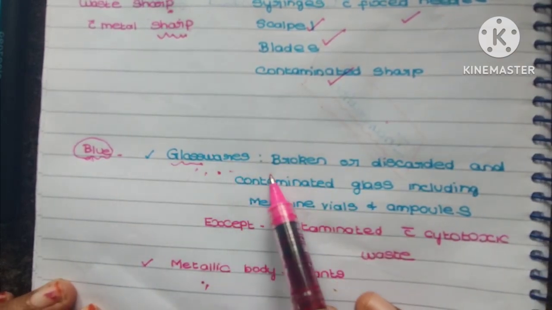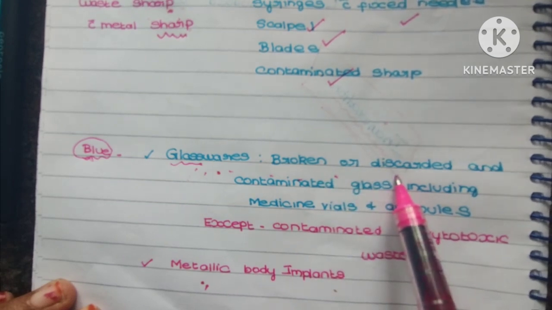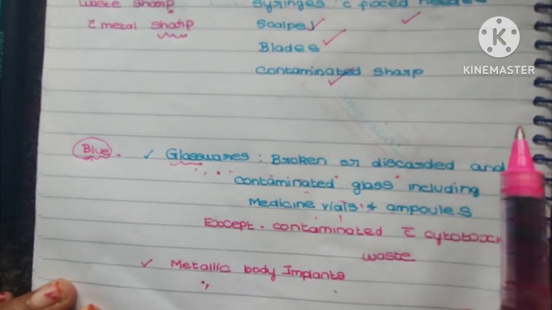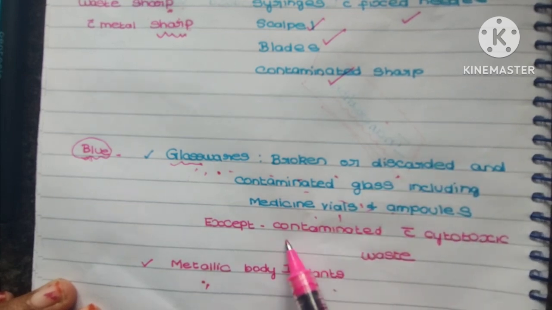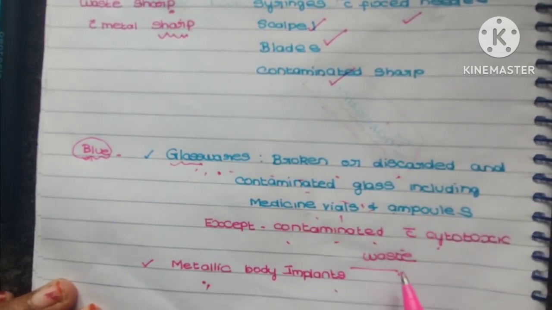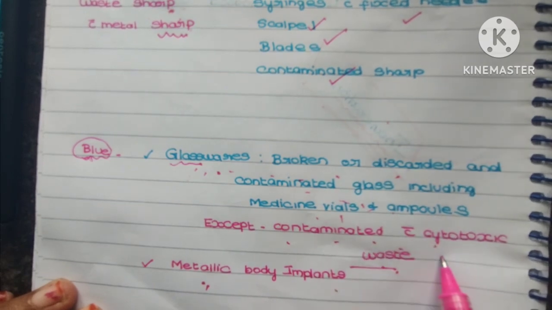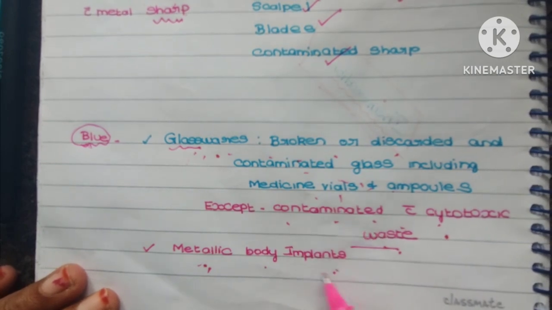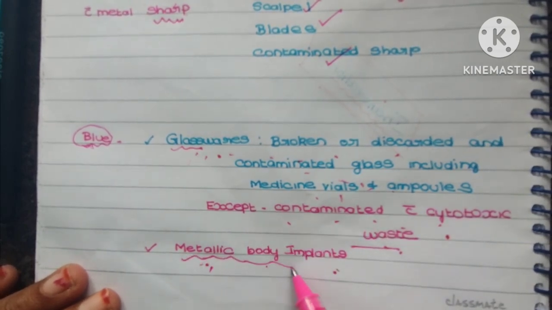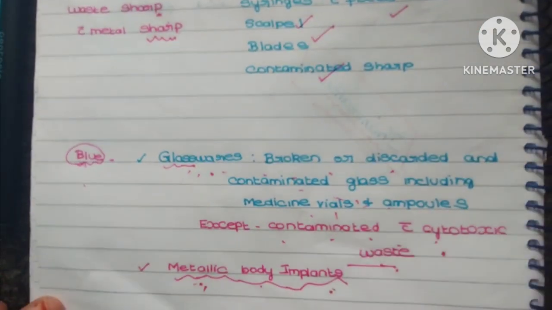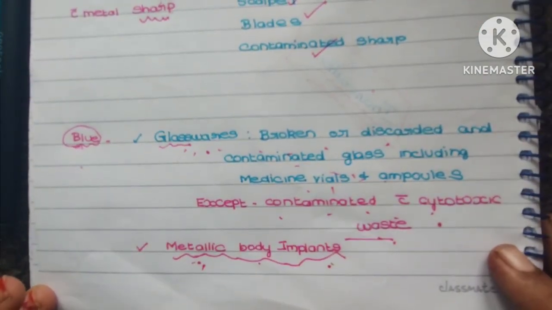So blue includes broken or discarded and contaminated glass, including vials and ampoules, except those contaminated with cytotoxic waste, because cytotoxic waste is disposed of in the yellow bag. Next, metallic body implants are also disposed of in blue.